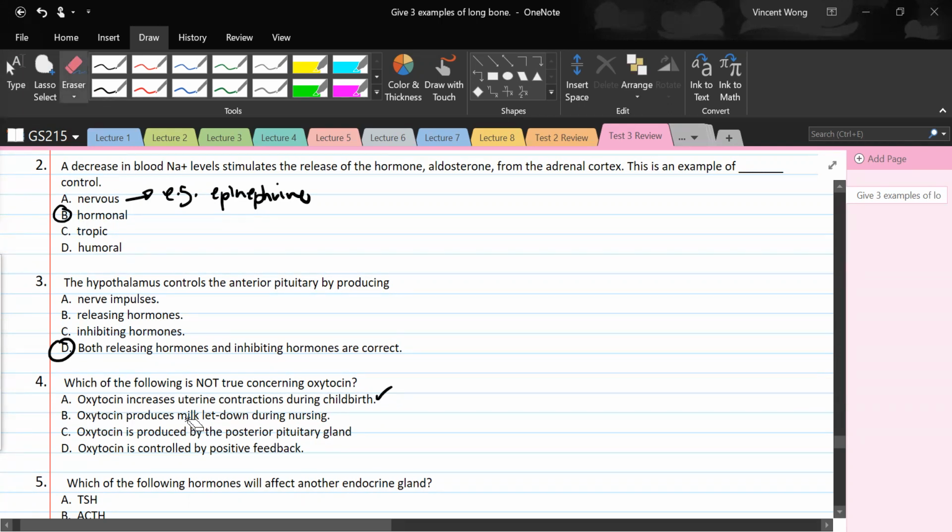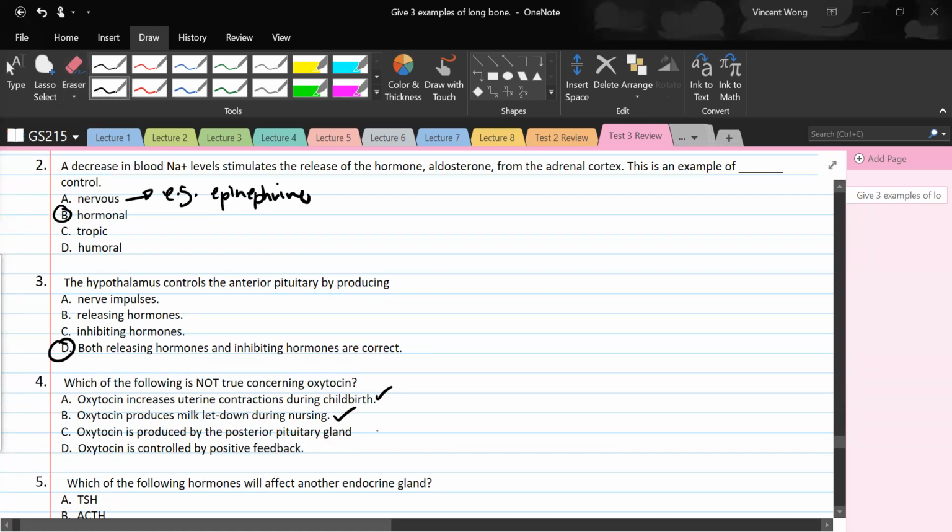Oxytocin produces milk letdown during nursing. That's also true. Now, if they say produces milk, then that's wrong, right? Okay, what hormone produces milk? It's not the oxytocin, is it? It's the prolactin, right? Okay, so you gotta be careful. Produces milk letdown means like let the milk come out, basically.